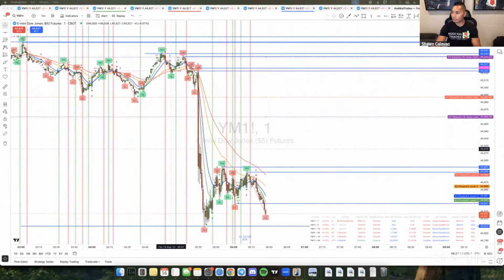So with that said, let me see if there's any structure here that I should mark up at the moment. Okay, so we got some structure up here.